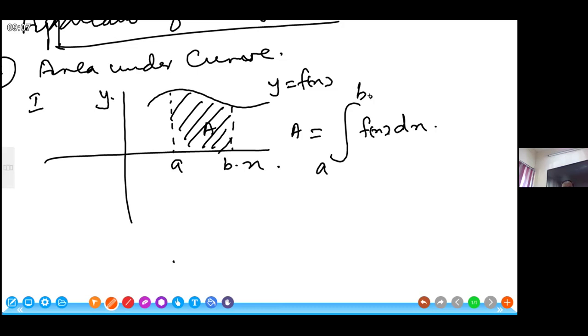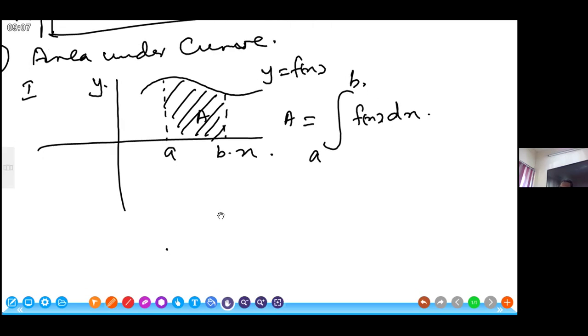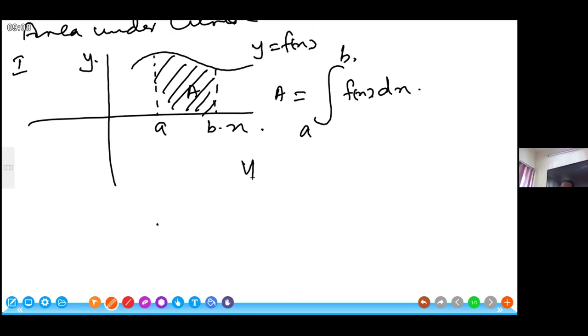A is the lower value of x, b is the upper value of x. So we can find out the area, right? For example, if I have a function x to the power 3, I want to integrate that function between 2 and 3.